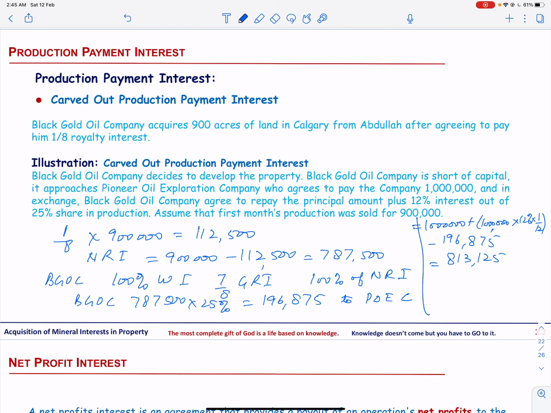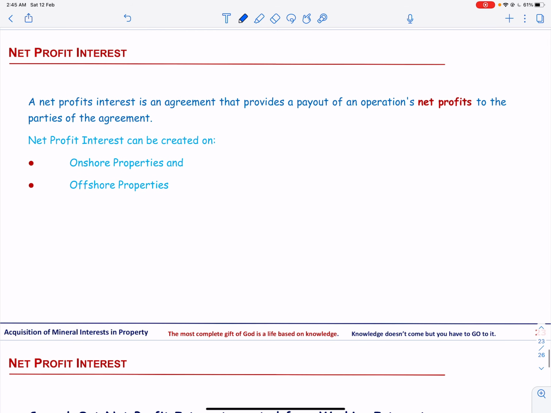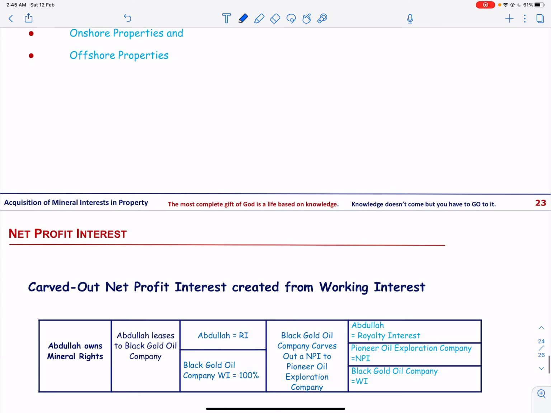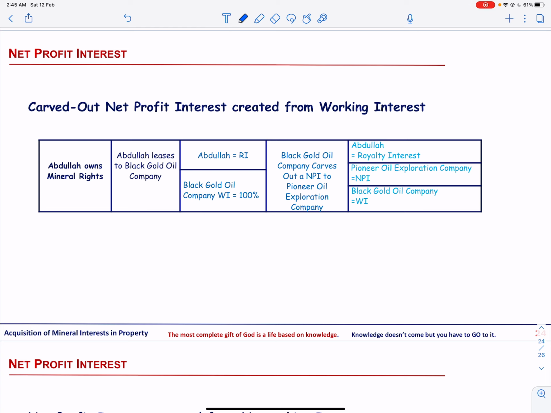Next, we will talk about net profit interest. Net profit interest can be created on onshore properties and offshore properties. Let us talk about each one of them. Net profit interest can be carved out from the working interest in onshore properties.